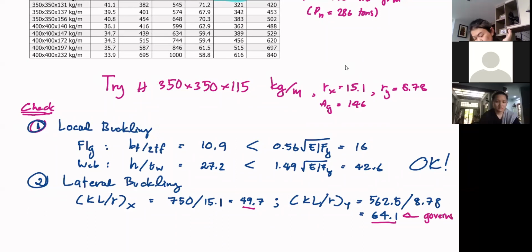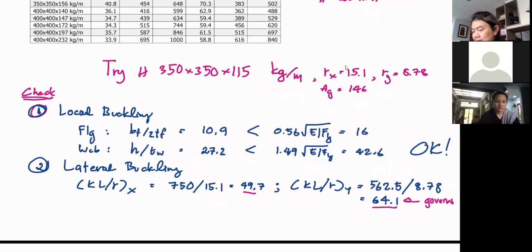And automatically you should see now that this 64.1 is less than our limiting value of 4.71 square root E over Fy, which is 135. So you can write somewhere that 64.1 is less than 4.71 square root E over Fy.